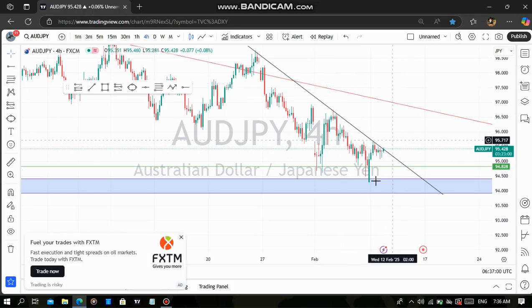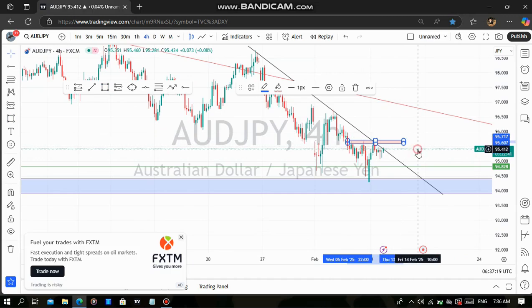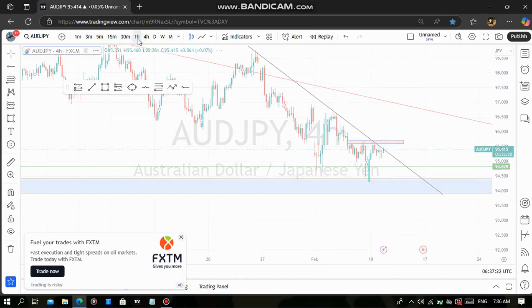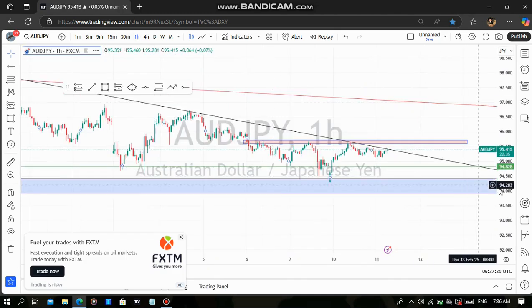But I believe you understand what a fake breakout is. Price can just move a little up, maybe to this resistance level, then drop. You have a resistance level here. If you check at a lower time frame, let's see H1, you can see that that's still resistance.